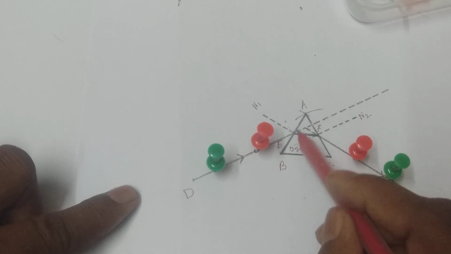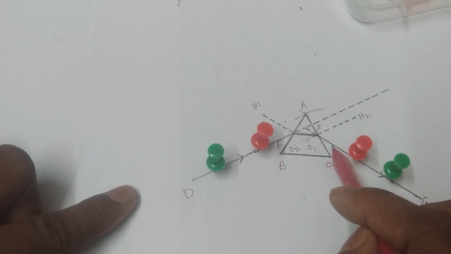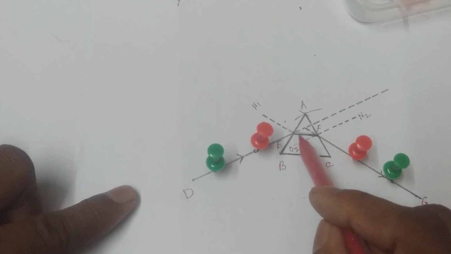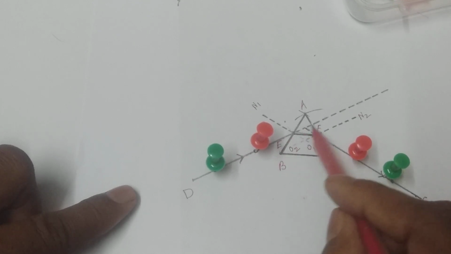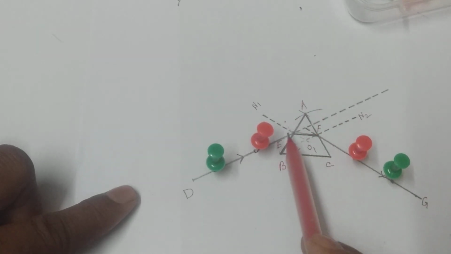But when the prism is here, this incident ray got refracted. After that, it is the emergent ray. The angle between the emergent ray and the incident ray extended is the angle of deviation, right? We will measure the angle of deviation also.